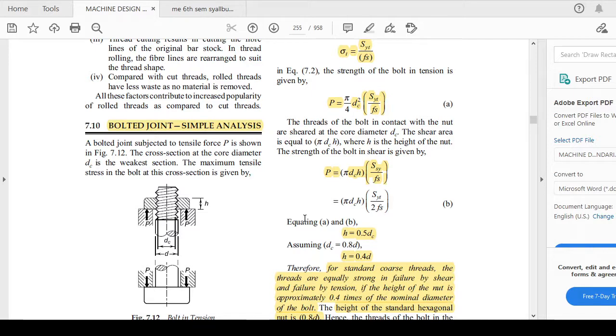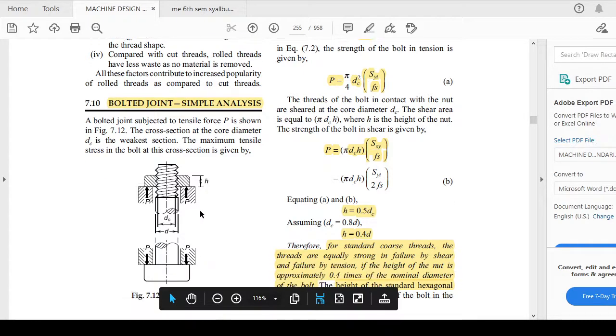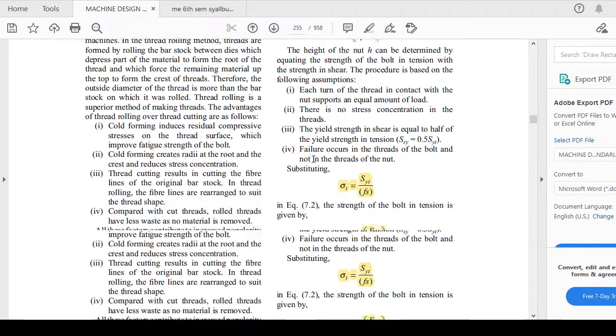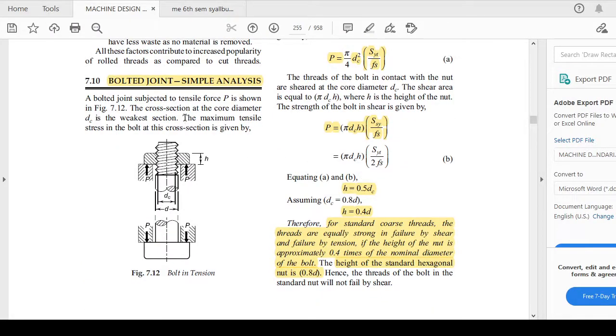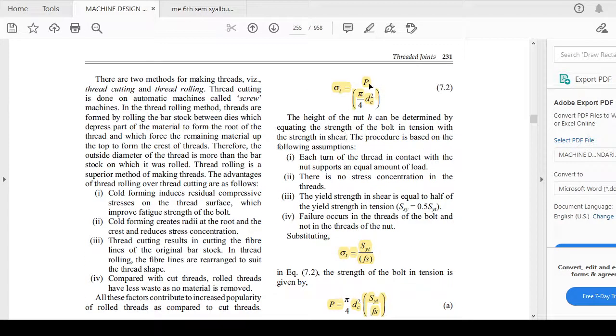As you can see in the picture, capital D, DC, and H, the height of the head, are depicted. Now you can calculate the maximum tensile stress at the cross section, called sigma T, which equals P, the load applied, divided by pi by 4 DC square.